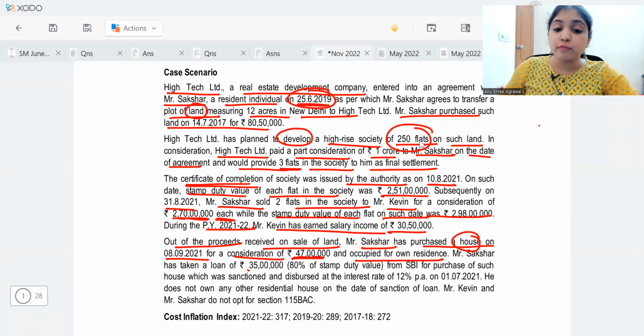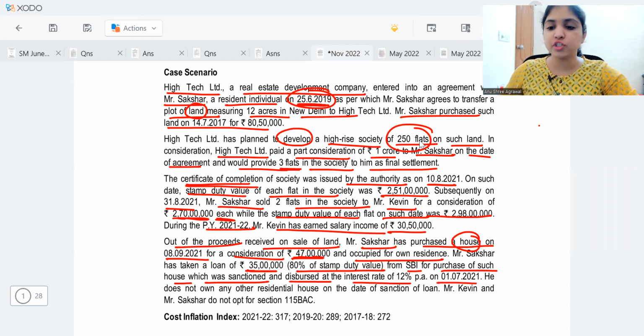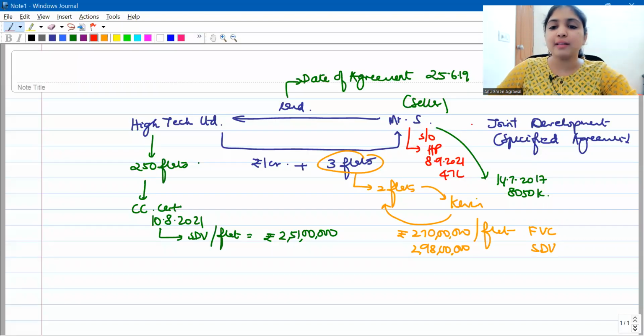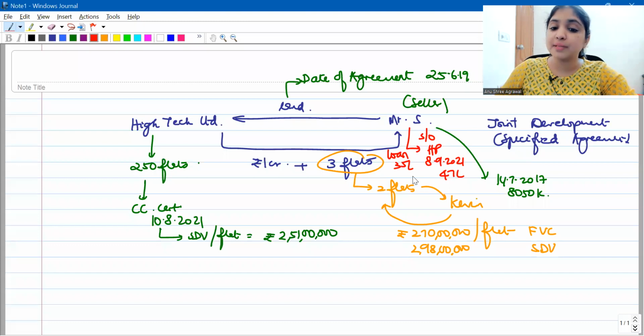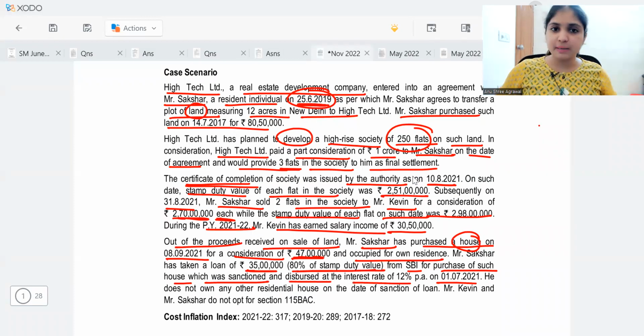He has taken a loan of 35 lakhs, 80% of SDV from SBI for purchase of such house, which was sanctioned and disbursed at the interest rate of 12% per annum on 1st July 2021. To buy this house property, he has also borrowed a loan of 35 lakhs. This loan is 80% of SDV. So obviously we will be able to calculate the SDV of the property.